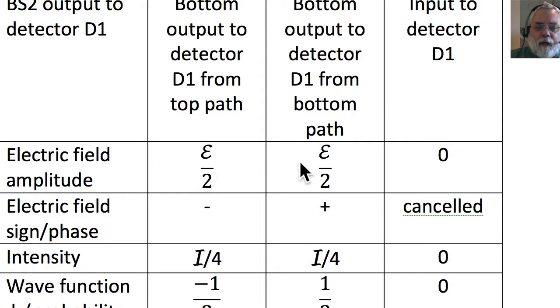So when we add them algebraically with their signs, we get minus E over 2 plus E over 2 equals 0. They have canceled. When we take the intensity as the square of the electric field, we get the intensity is 0. No light reaches detector 1, D1.